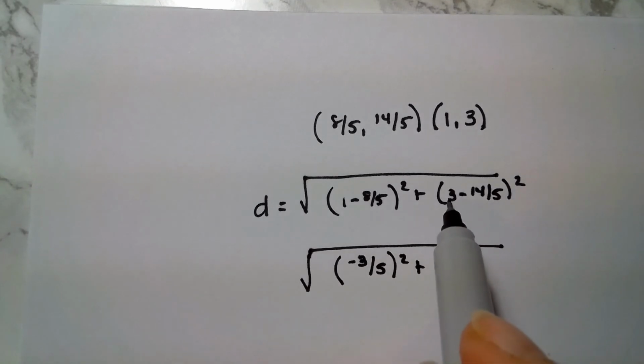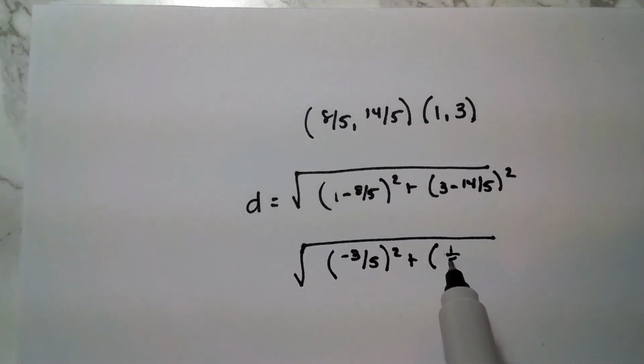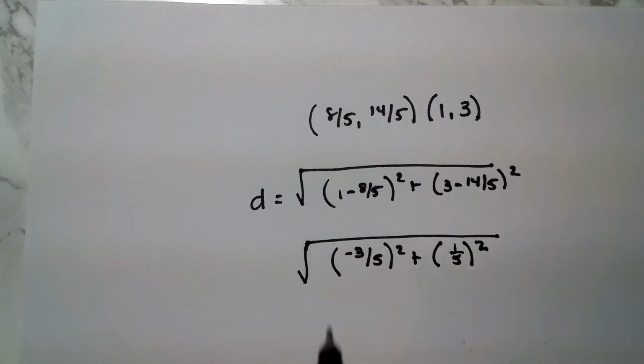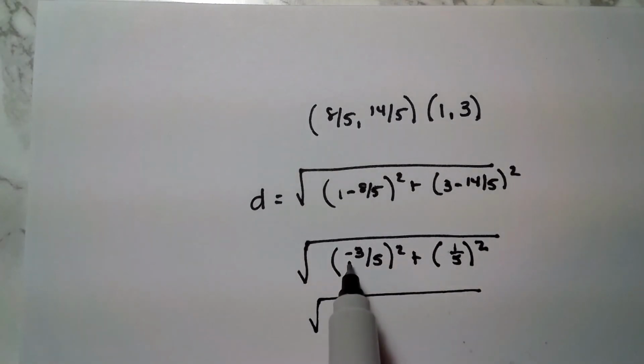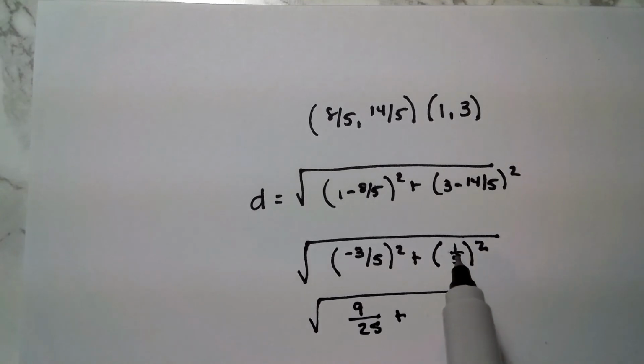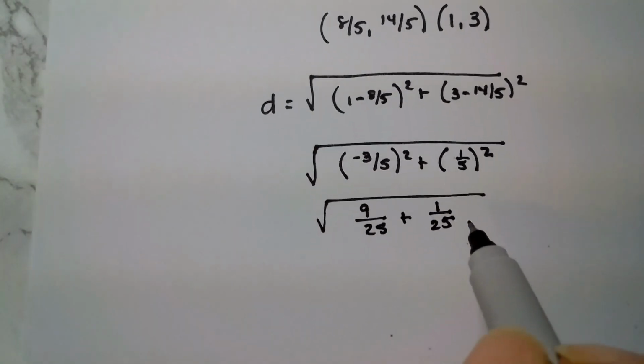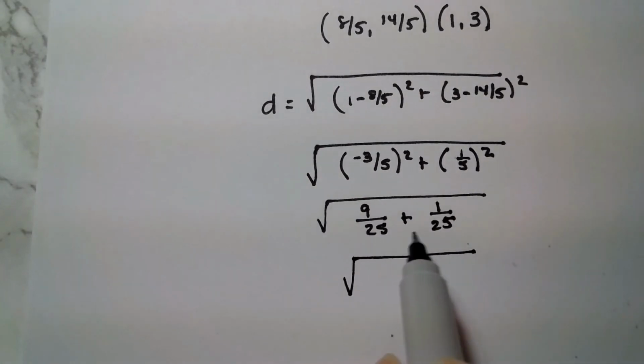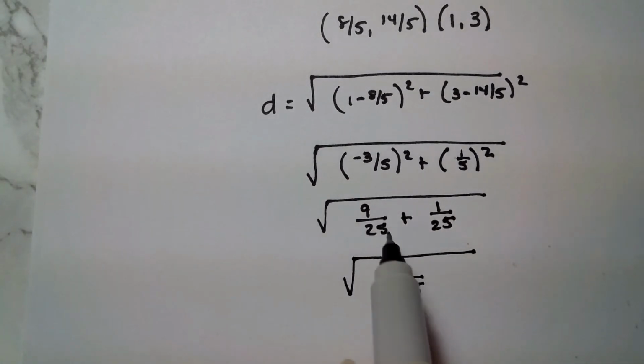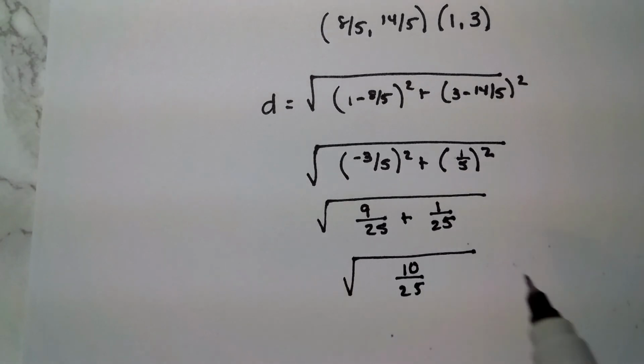Over here it's 15 minus 14, or 1/5 squared. Negative 3 squared is 9, 5 squared is 25, 1 squared is 1, 5 squared is 25. That gives me same denominator, 25. 9 plus 1 is 10.